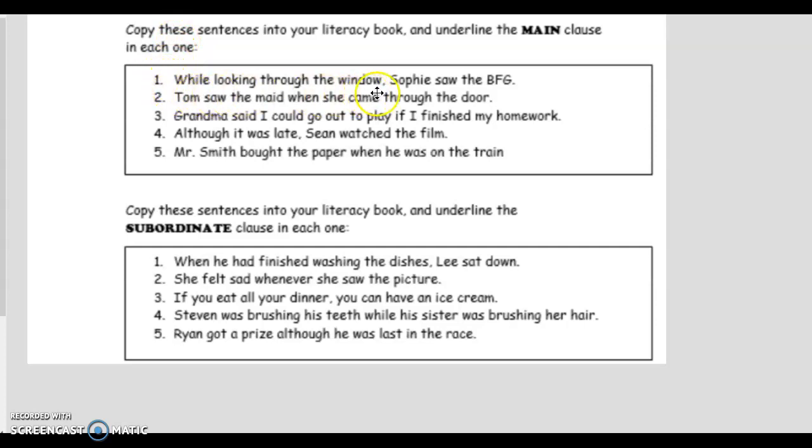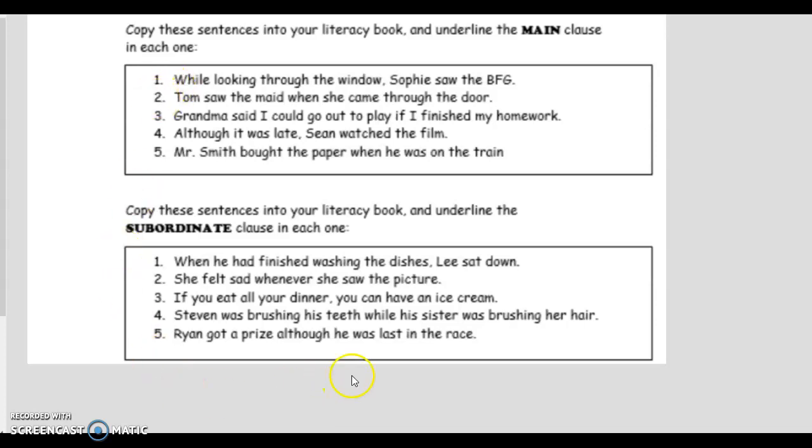So while looking through the window, Sophie saw the BFG. So what part of that sentence makes sense by itself? Is it while looking through the window, or is it Sophie saw the BFG? What part of the sentence has a subject and a verb in it?